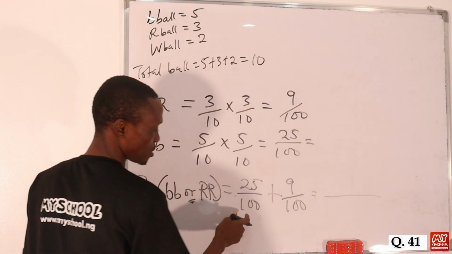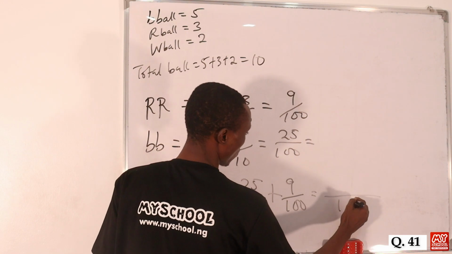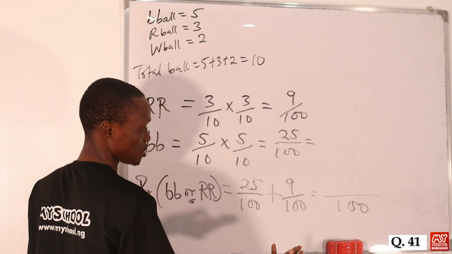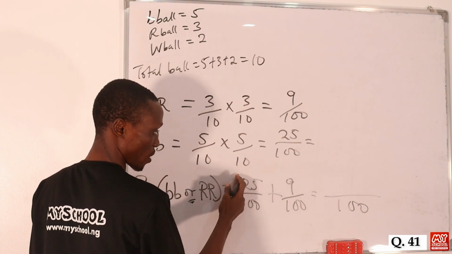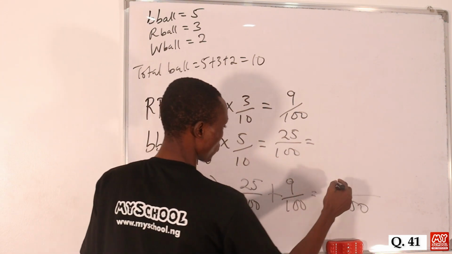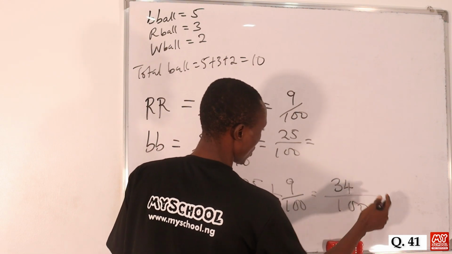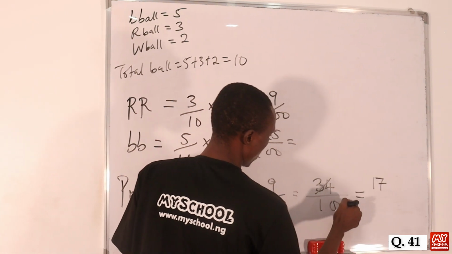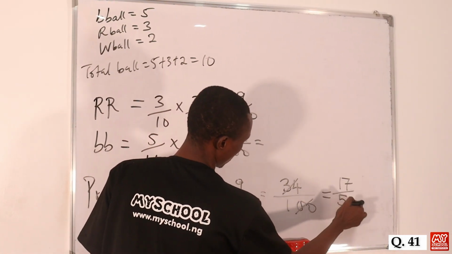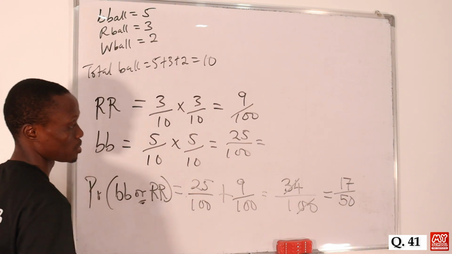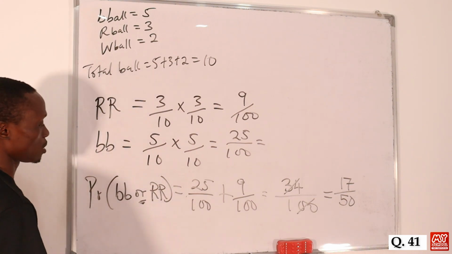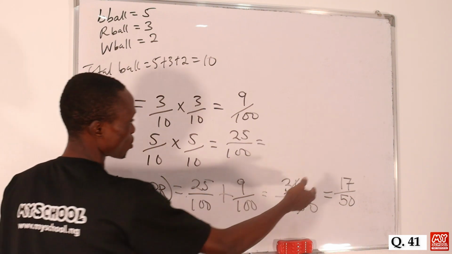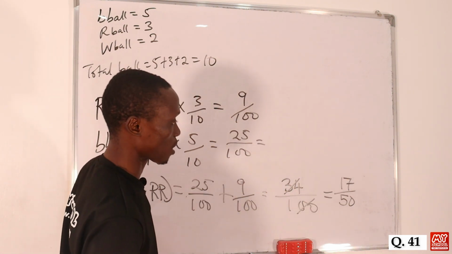The denominators are the same, so we just add the numerators, 25 plus 9, and that gives us 34 over 100. Now we reduce: dividing by 2 gives us 17 and 50, and nothing else can divide both. So the probability of picking 2 blue balls or 2 red balls is equal to 17 over 50.